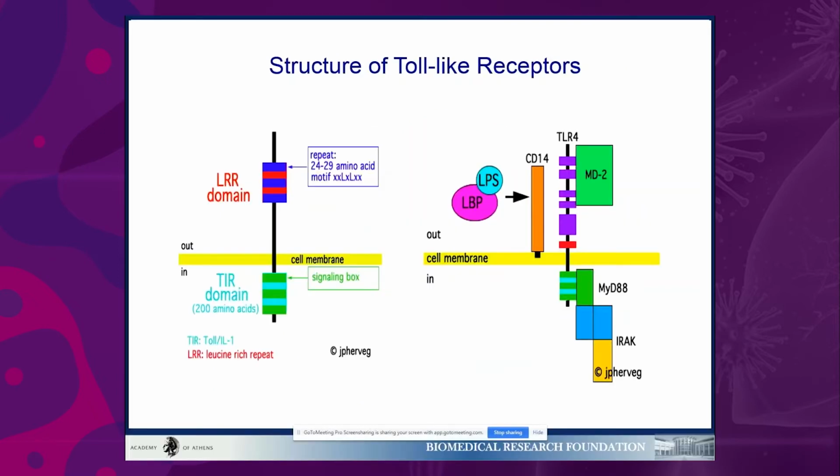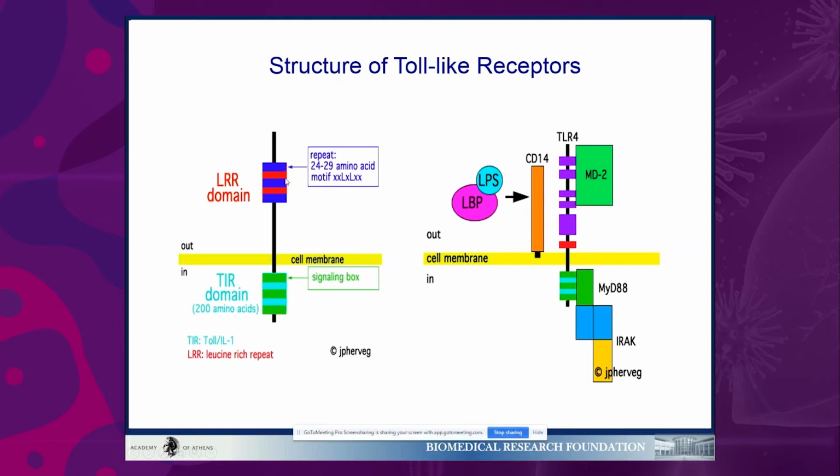Now, what about the structure of Toll-like receptors? Toll-like receptors have a very conserved structure that you will find in all of them, and that makes them part of the family. They have an intracellular domain, a transmembrane domain, and an extracellular portion that is very characteristic of Toll-like receptors. It contains leucine-rich repeat domains, which are amino acid stretches containing leucines with this motif.